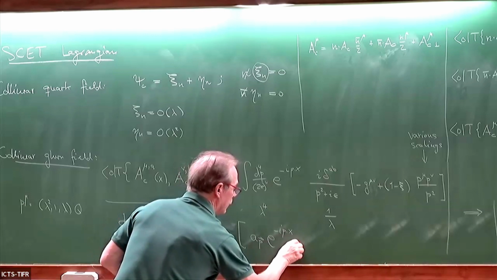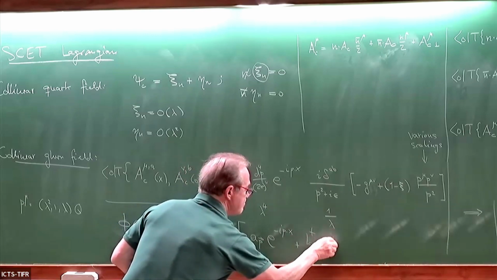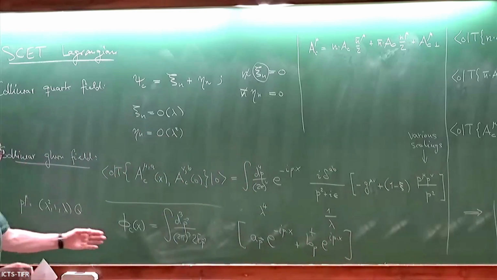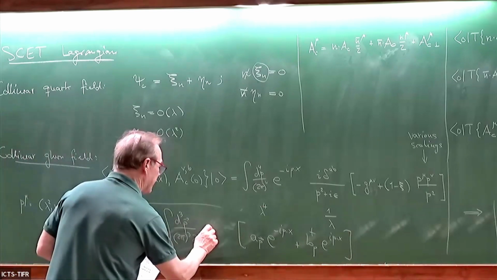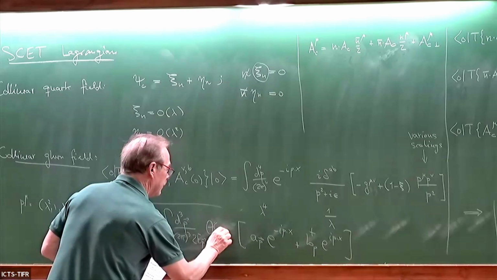And then you have a term with the creation operator. And just, if it helps you, what is a collinear field? It's a field where somehow we put a theta function here, which is 1 only if p has a collinear scaling.